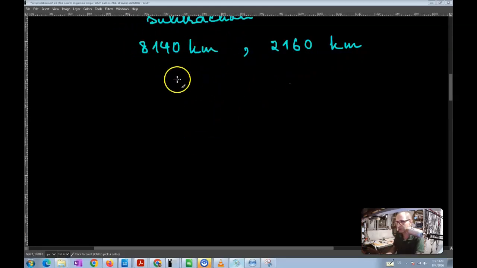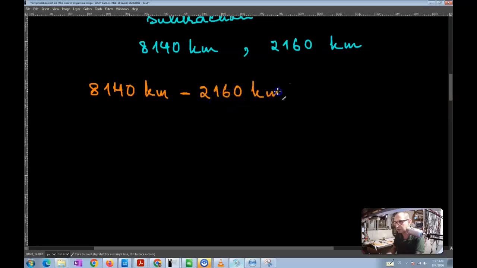So I will start with the larger distance, and I write my operation as 8,140 kilometers, minus the second distance, which is the smaller one, 2,160 kilometers.